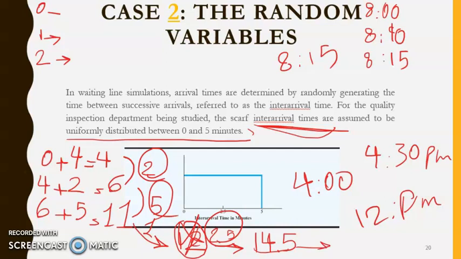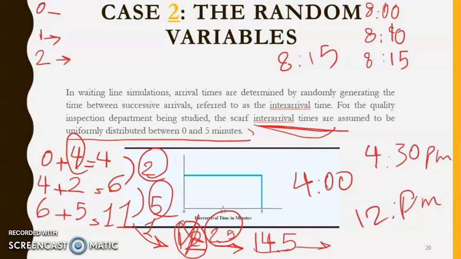So when you have 2, you add it to 4. Also, we generate 4, so when you add it to 0, you get to 4. When you have 2, you get to 6. When you have 5, you get to 11. When you have 1, you get to 12. And when you have 2.5, you get to 14.5.